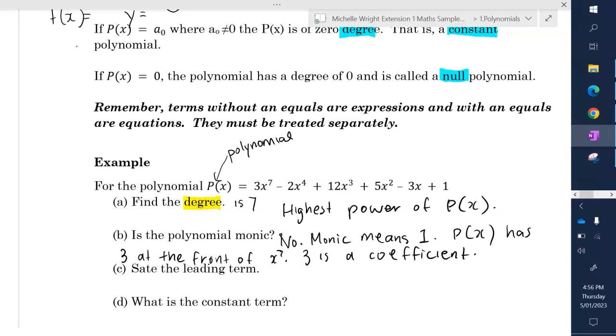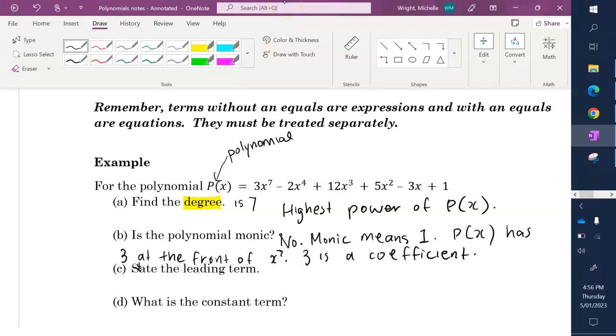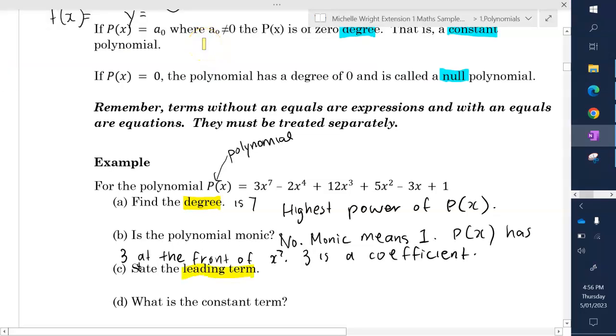State the leading term. The leading term is the term that has the highest power. So that's our leading term. We've popped it in order from the highest power down to the lowest. So that one is our leading term.